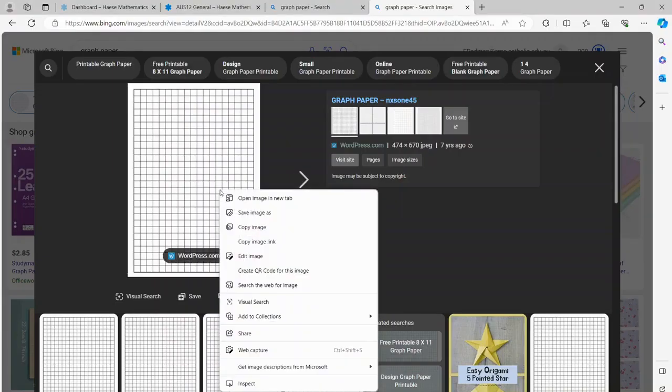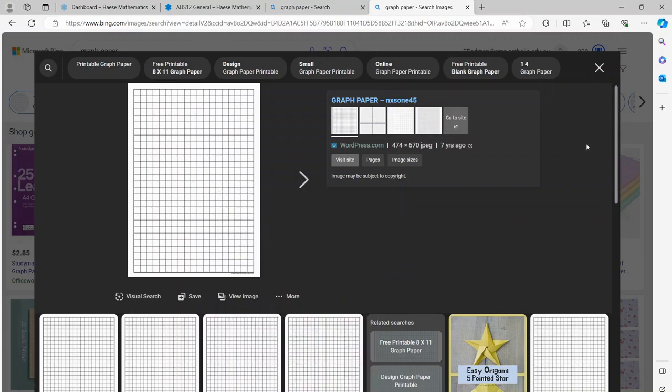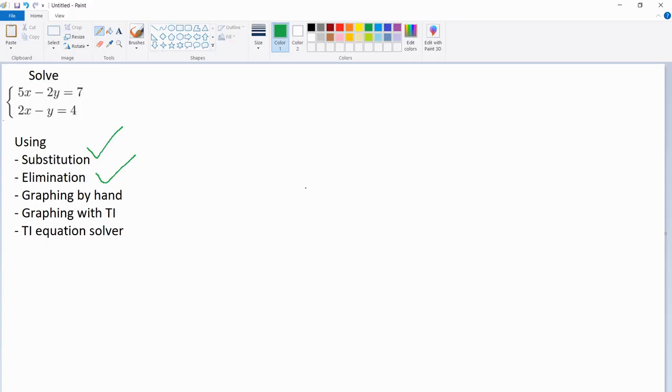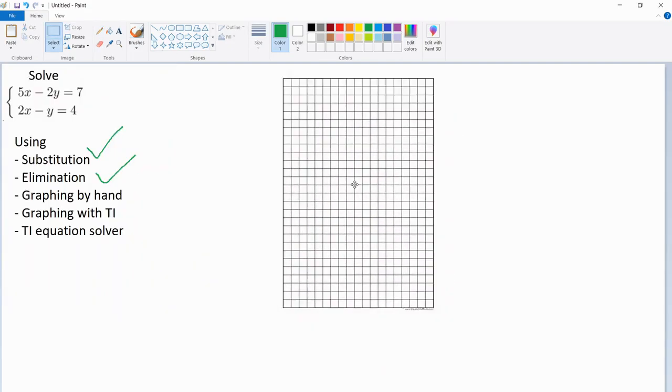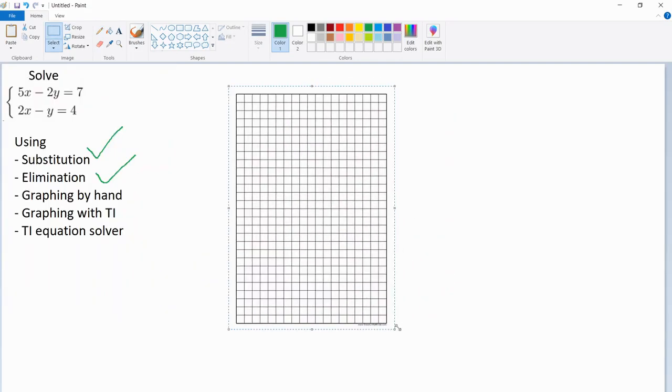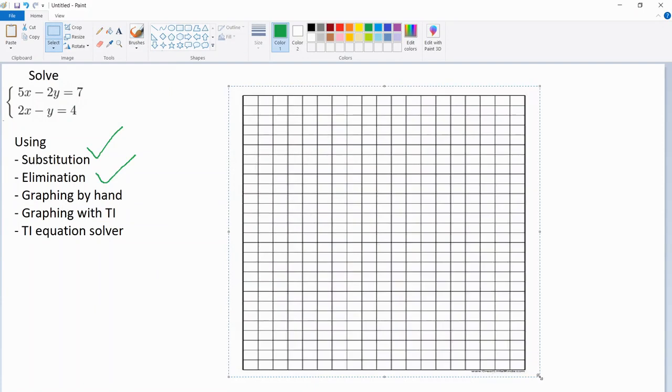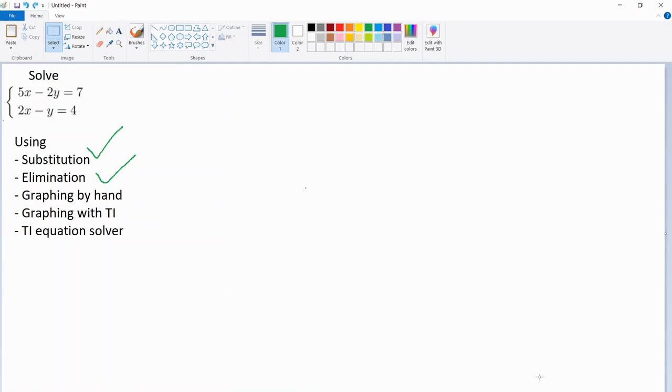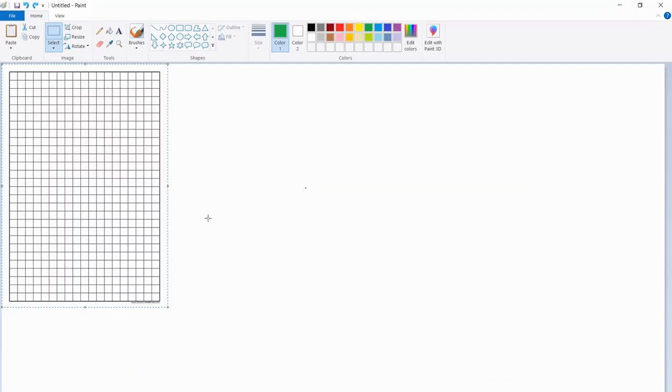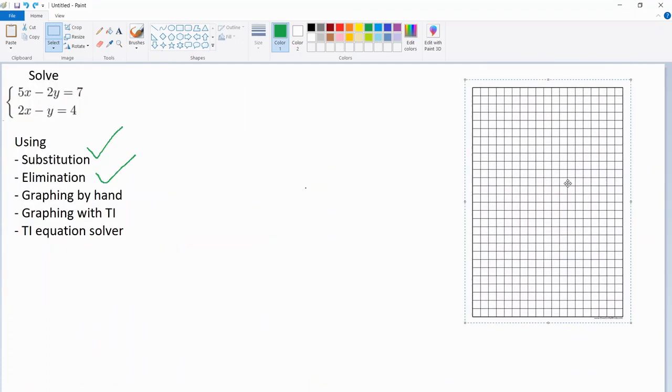Let's grab some graph paper. Copy. Back to paint. I can paste that. Okay. With these general equations, the easiest way to get some points to graph is by using the axis-intercepts.